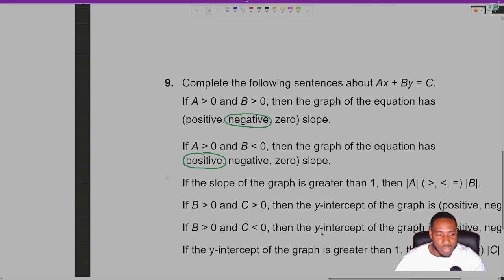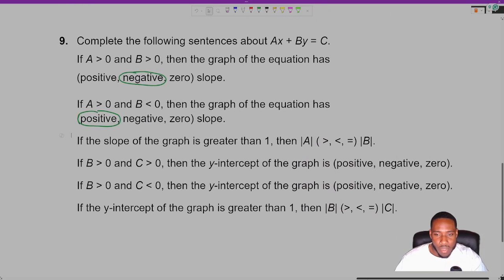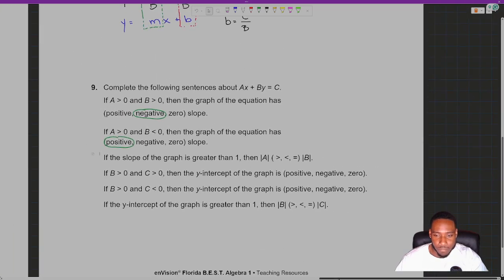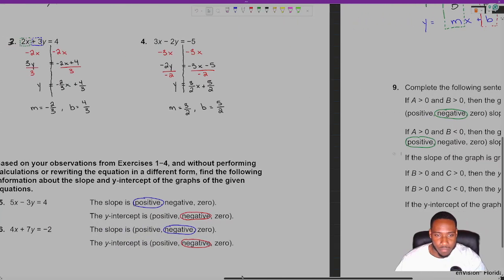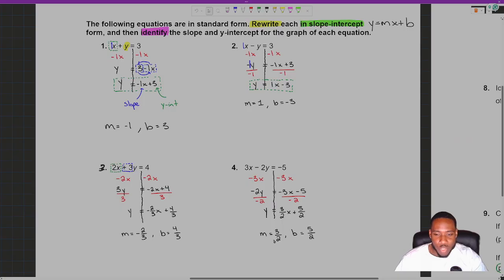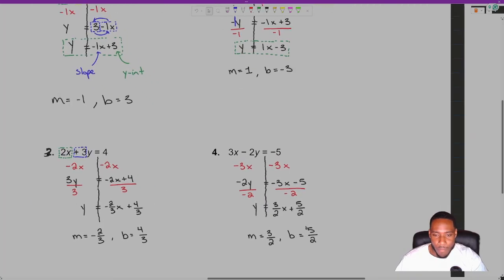The next sentence reads, if the slope of the graph is greater than 1, then the absolute value of a is greater than, less than, or equal to the absolute value of b. All right? So let's search around for a situation where the slope of the graph is greater than 1. And we saw that to be true again here in number 4.